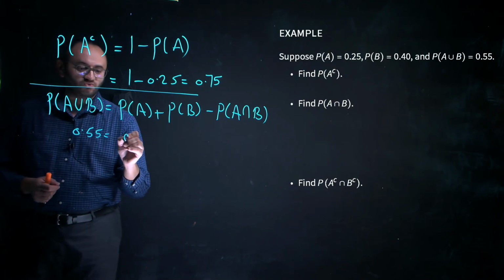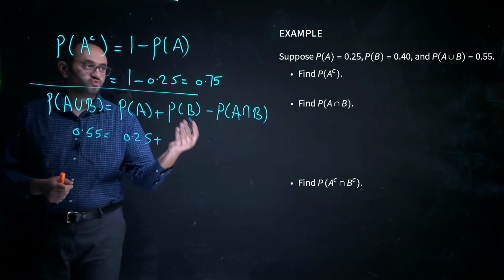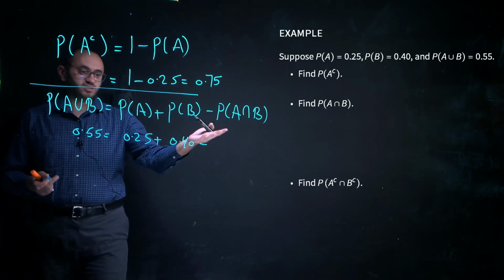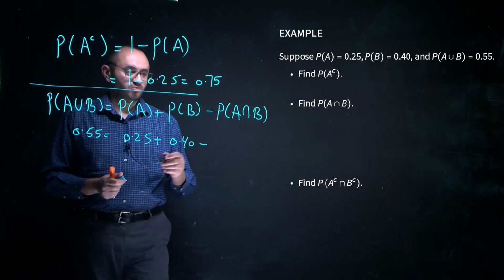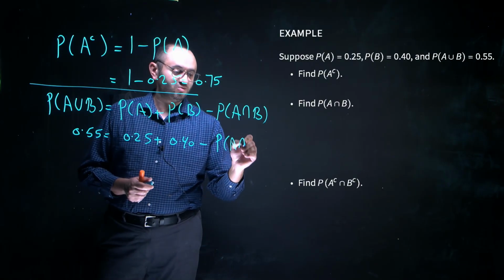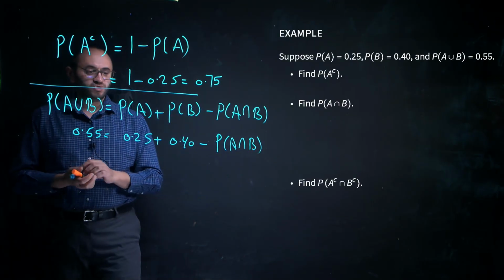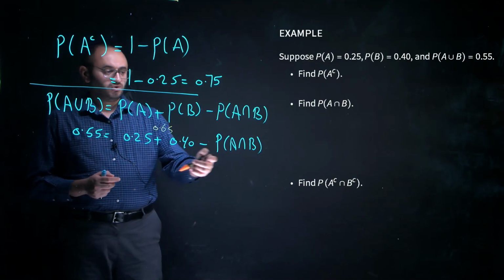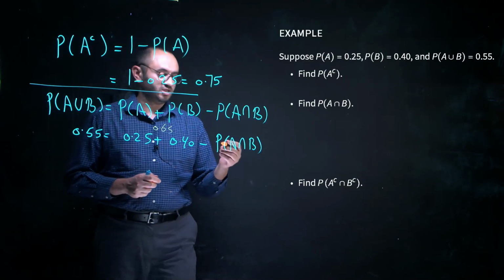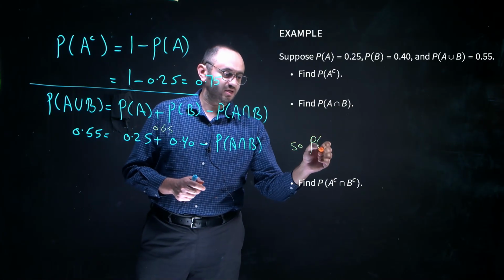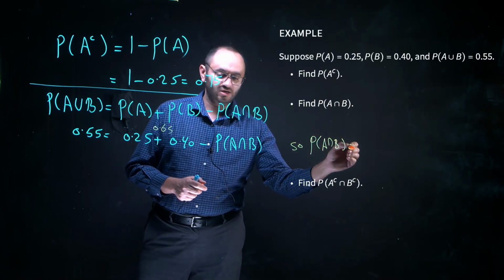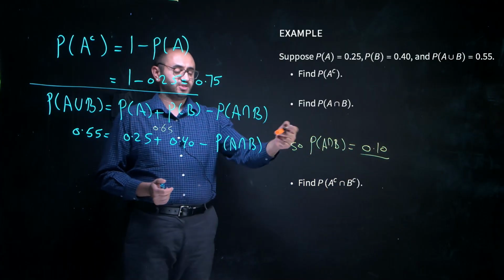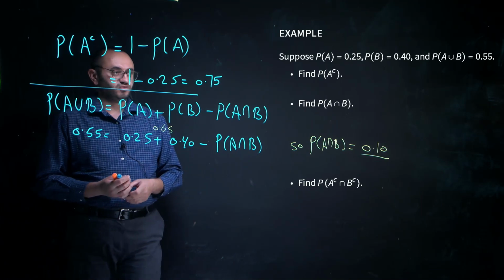Probability of A is given as 25%. Probability of B is 40%. Minus probability of the intersection, and this is our question, minus probability of A intersection B. So here, 0.4 plus 0.25 is 0.65. All right, so probability A intersection B should be 10%, right? So probability A intersection B equals 10%. So 65% minus 10% should be 55%.